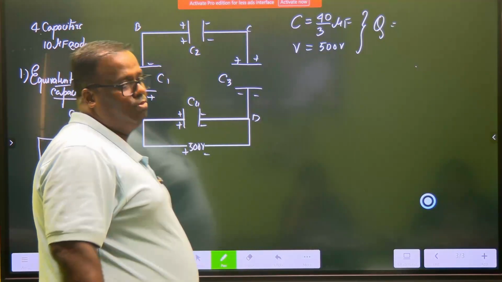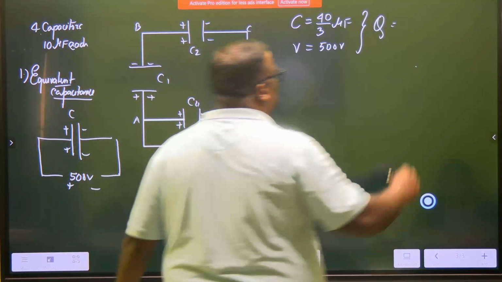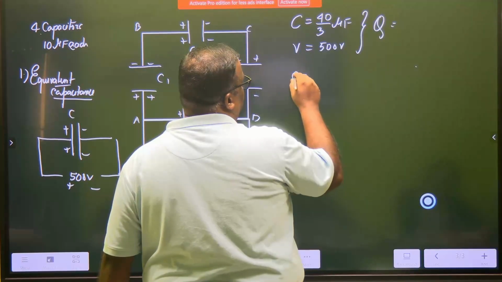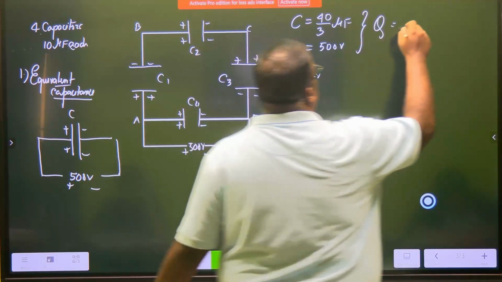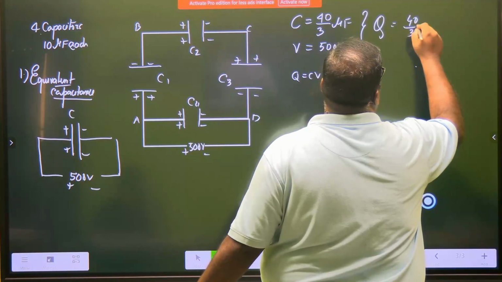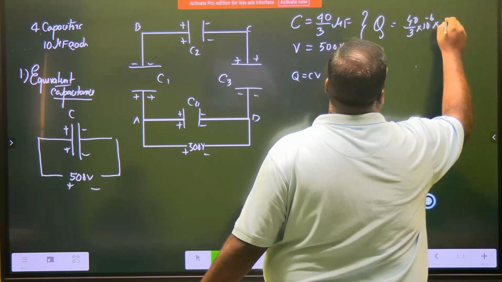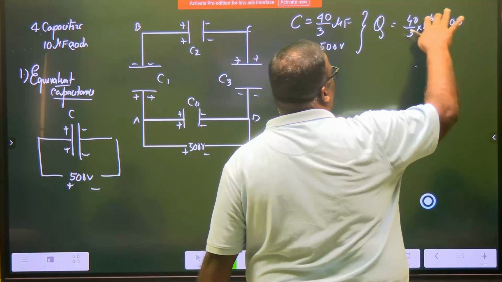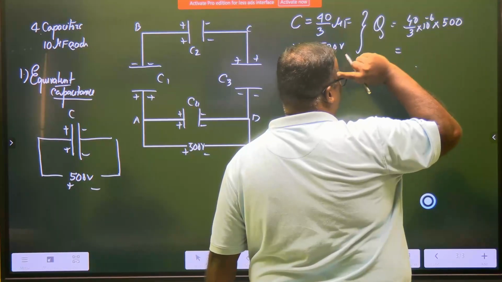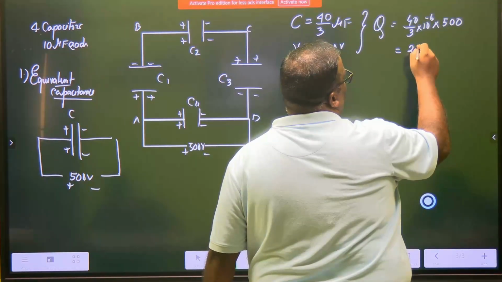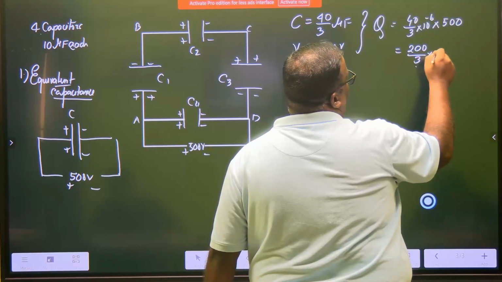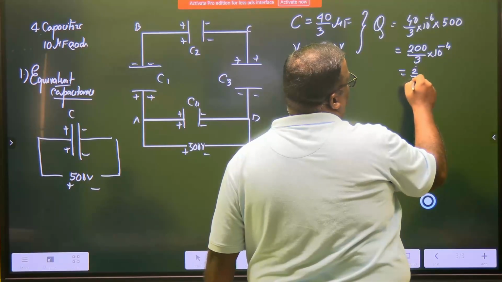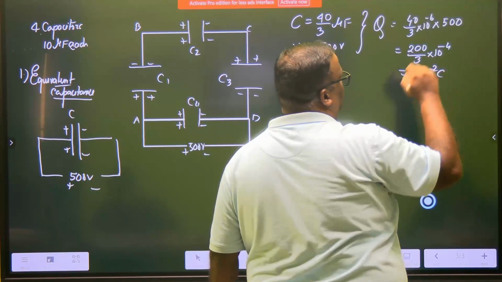Q is always equal to CV. So Q is 40 divided by 3 into 10 to the power minus 6 multiplied by 500. So 500 means 100 and 2 gone, 10 to the power minus 4. So 4 5s are 20, 200 by 3 into 10 to the power minus 4. We can write another 2 gone, so 2 by 3 into 10 to the power minus 2 coulomb. This is the net charge.